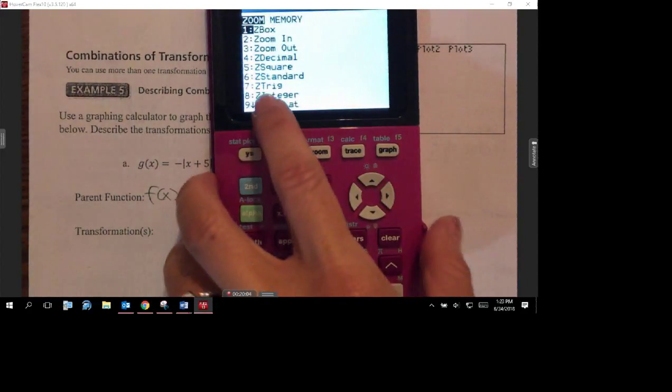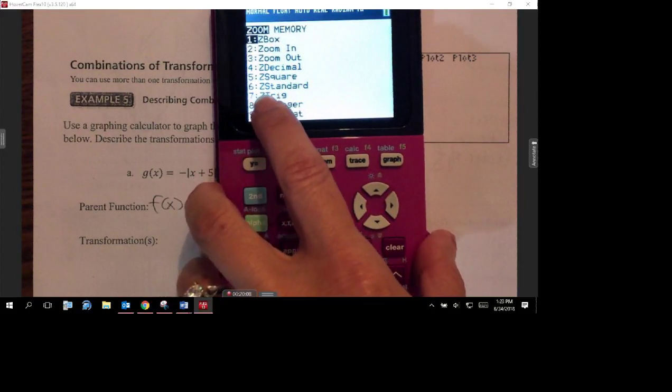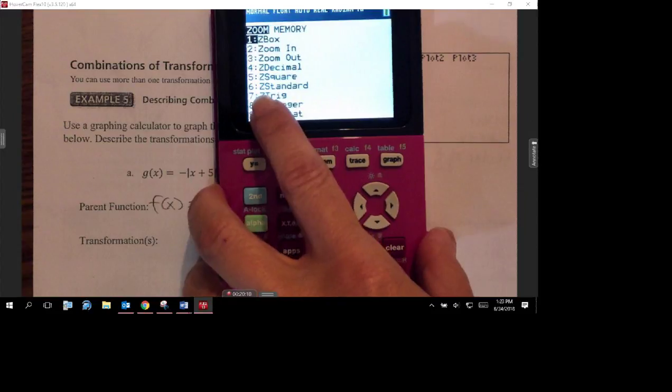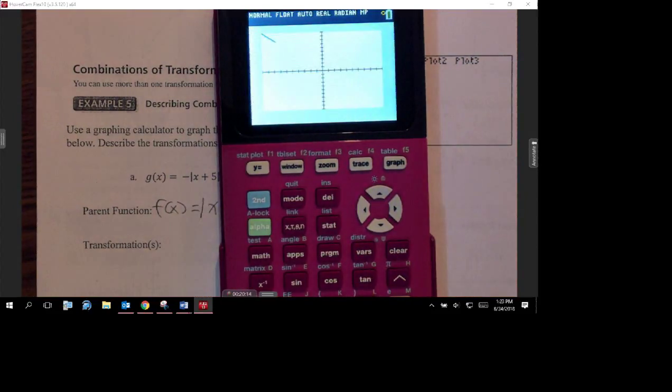And then we're going to make this a standard window. So you just hit 6, or you can arrow to 6. And that should fix all of our problems. If it didn't, then it's something else and I need to help you. Okay. So we all have the same graph.